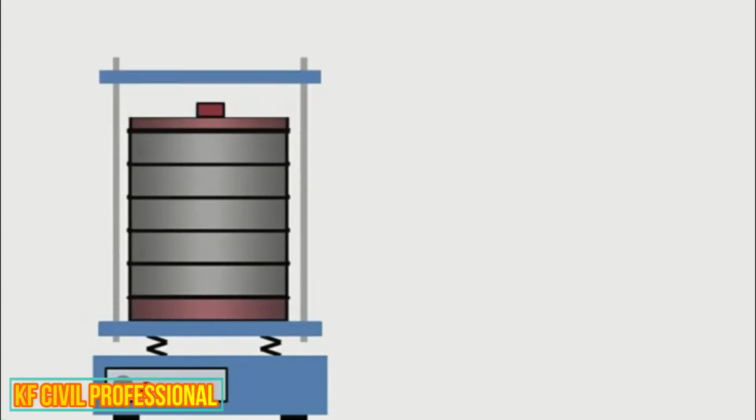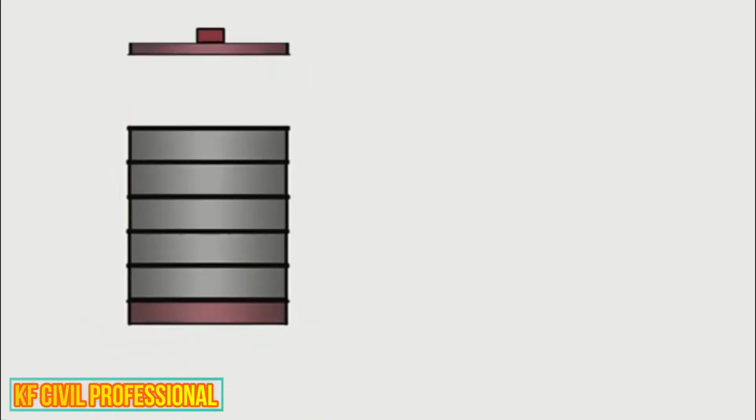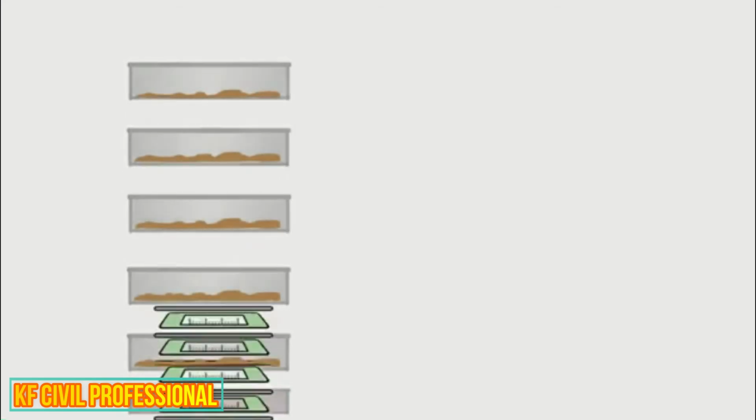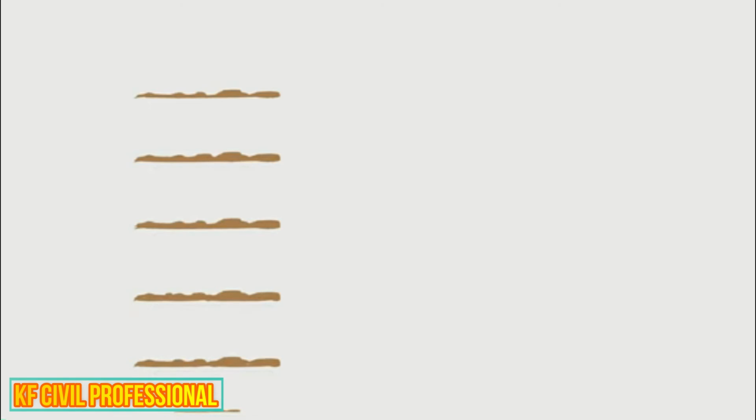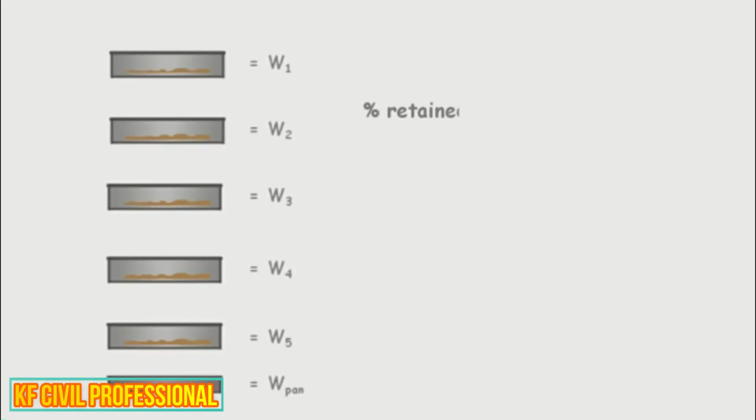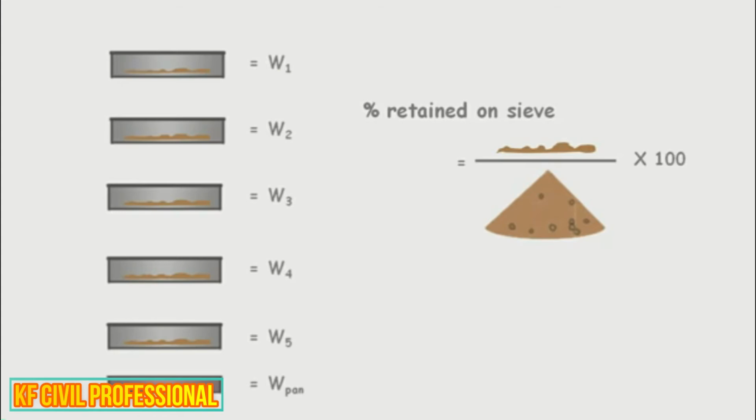Then the arrangement is taken out and the amount of soil retained on each sieve and pan is weighed with an accuracy of 0.1 gram. Let's say the weights retained on the sieves are W1, W2, W3, W4, W5 and W pan. Then we calculate the percentage of soil retained on each sieve as weight of retained soil on the sieve divided by the total weight of soil sample multiplied by 100.